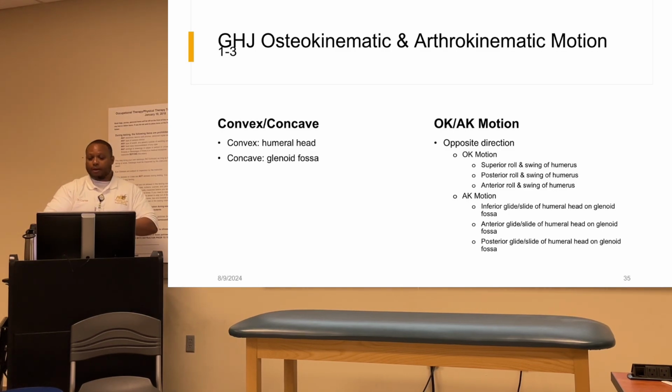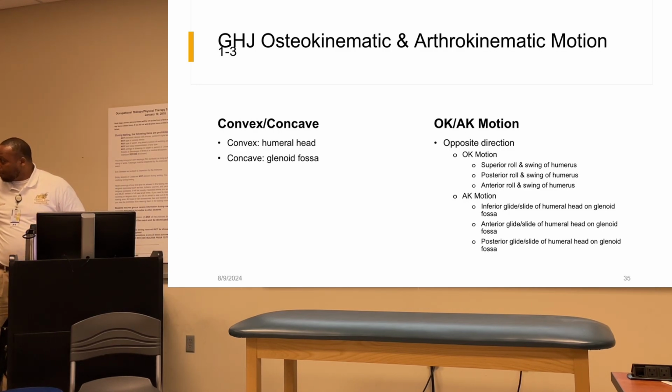So now we're talking about a posterior roll and swing of the humerus. So when I talk about extension here, if I do extension, I get a posterior swing and roll, correct? And now what's going to happen with my glide and slide? It's going to occur anteriorly, all right?